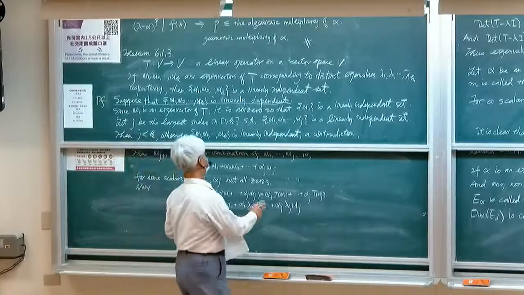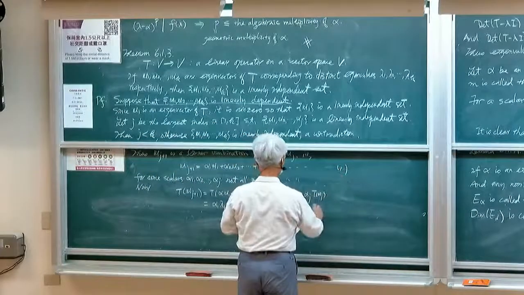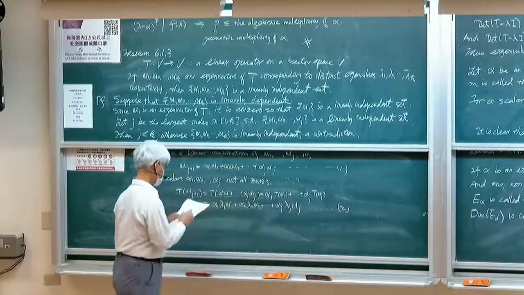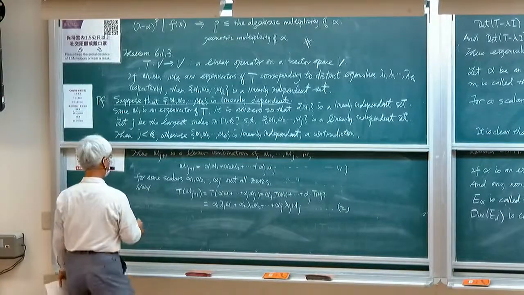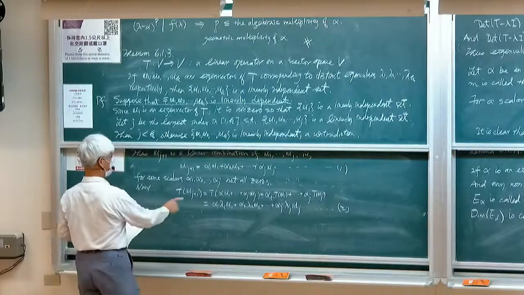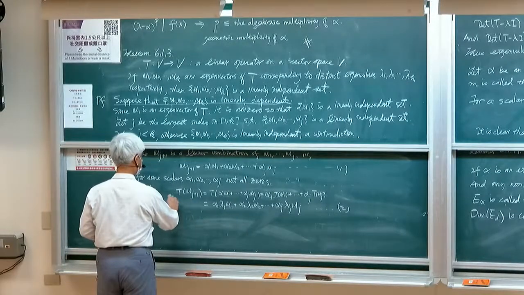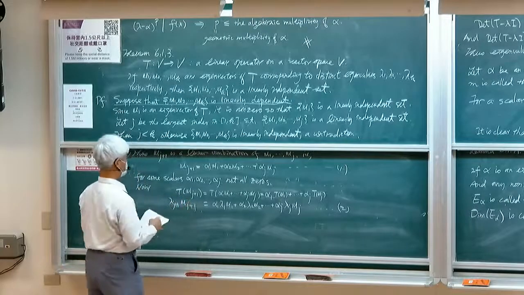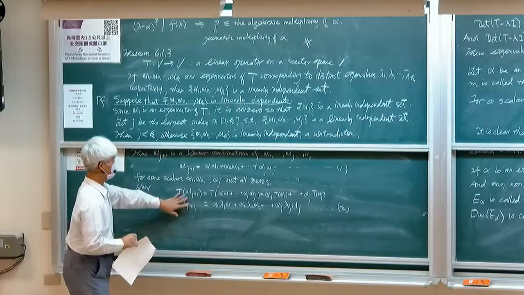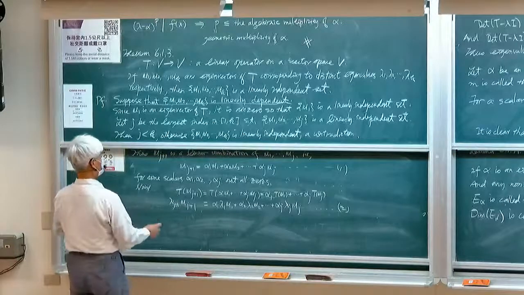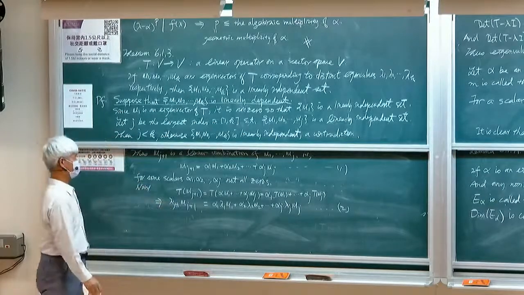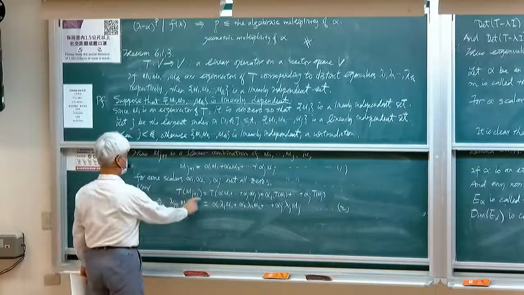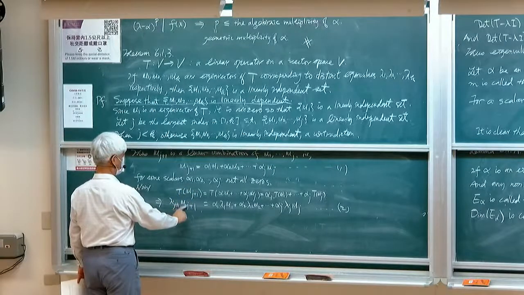Call this equation 1 and this equation 2. Because T of uj plus 1 is lambda j plus 1 times uj plus 1.